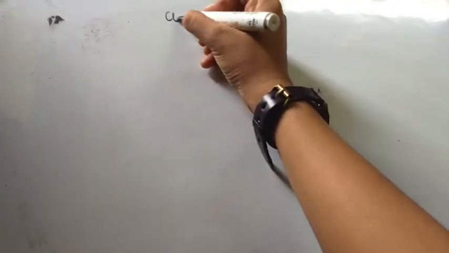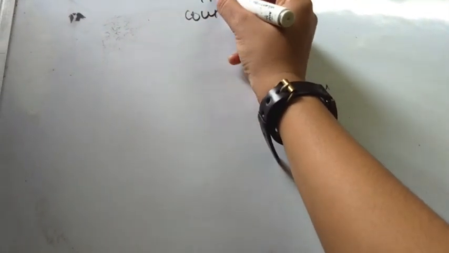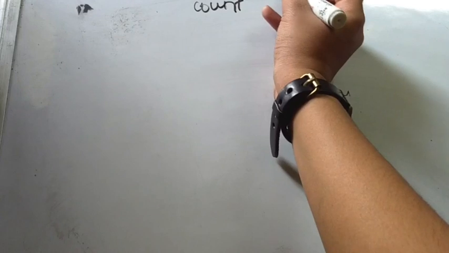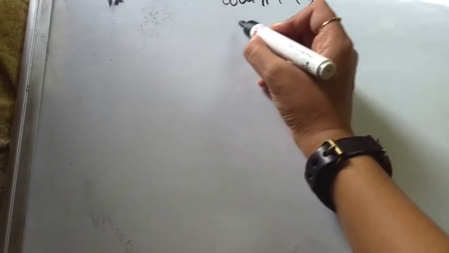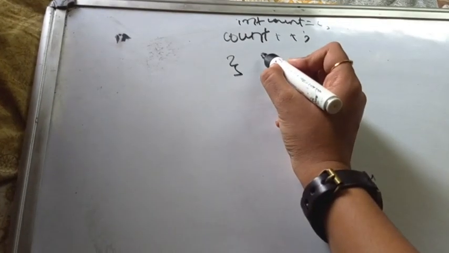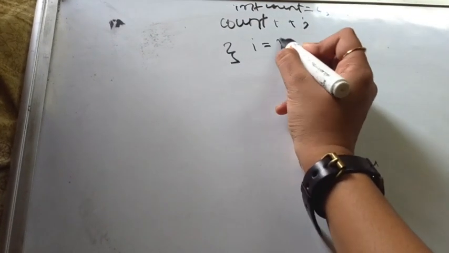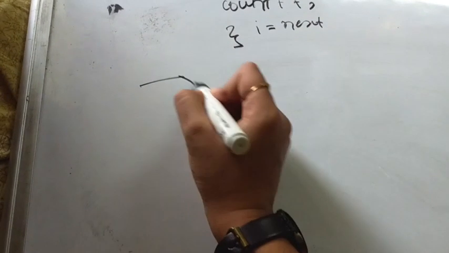Okay, so after returning the value, we have, let us say, an int count which is equal to 0. Obviously we have to declare it outside, so count will increase, and we are going to close this do while loop, and this I will become next. So what is the strategy I used over here?